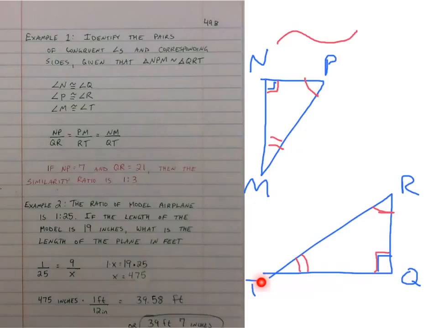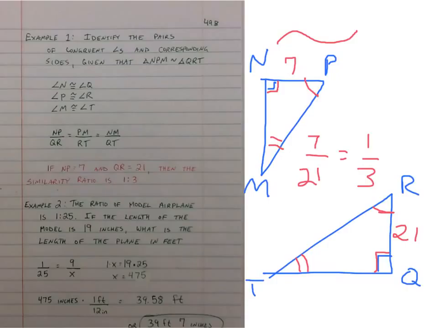So if we were to say that NP had a length of 7 and QR had a length of 21, then we're saying that the similarity ratio between these two triangles is 1 to 3, because 7 to 21 is equal to 1 to 3.